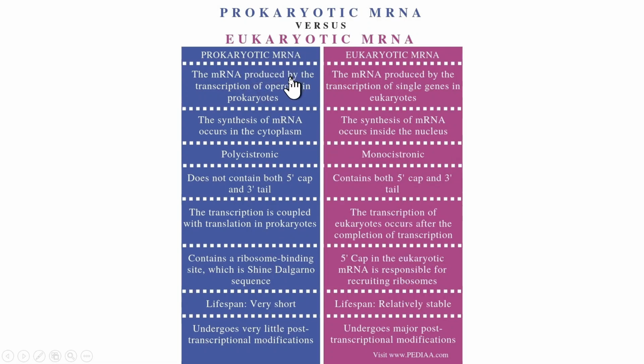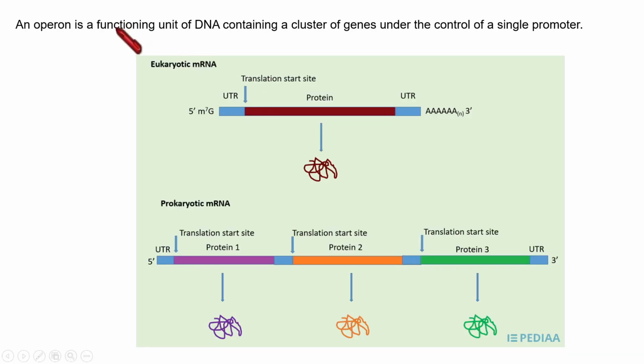In the case of prokaryotic mRNA, that mRNA is produced from operons. What are operons? Operons are a cluster of genes, and those cluster of genes are under the control of a single promoter. In the case of eukaryotes, there is only a single gene for one promoter.